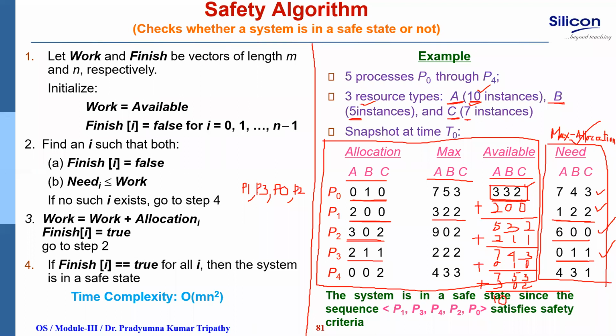So how much do we have? This is 10, 5, and 5. Correct? With this 10, 5, and 5, I can allocate to P4. So I can give it to P4.